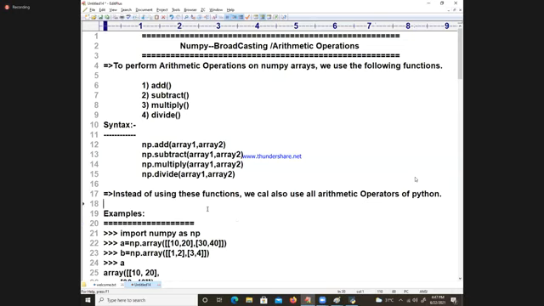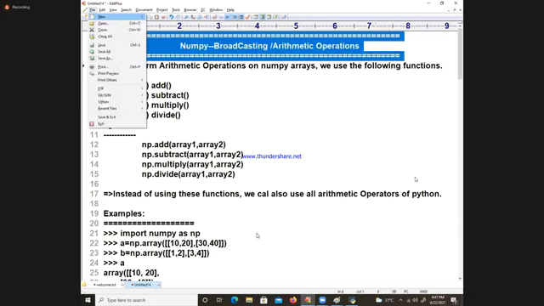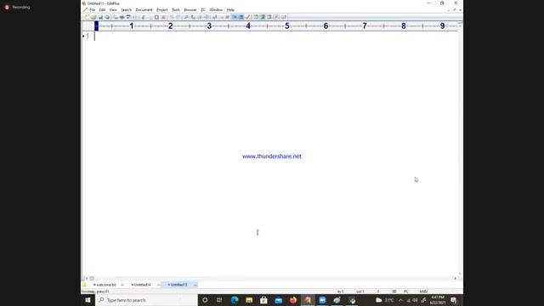Another important part I want to discuss is NumPy statistical functions. Have you studied statistical functions in our school days? Let us look at that.